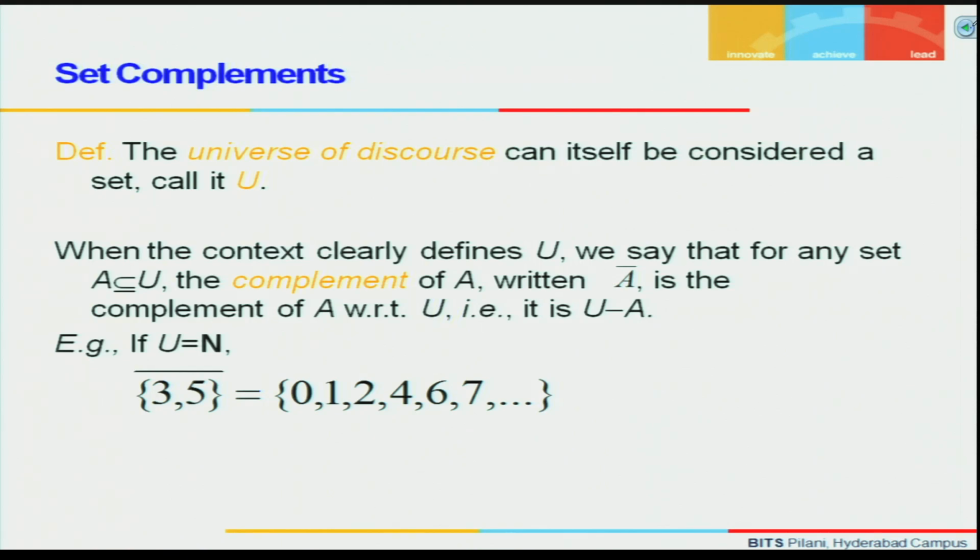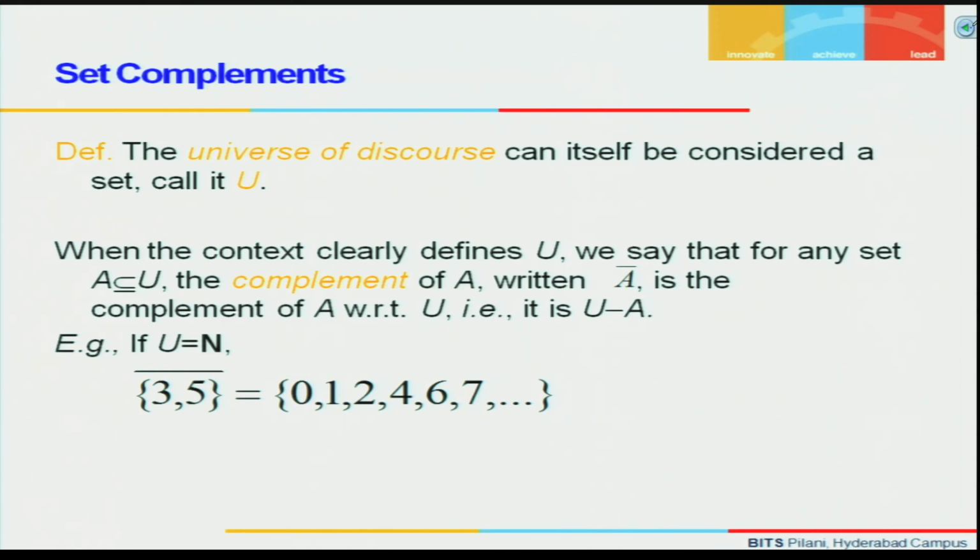And say you have a universe of discourse. Whenever you say universe of discourse, it is always a set. Even when I say in predicate logic that the variables derive their values from the universe of discourse, I mean that the universe of discourse is the set.